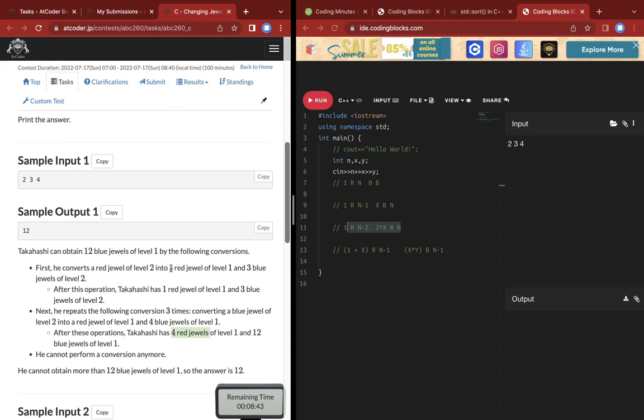He converted it into 1 red only. Okay, 3 times. So after doing 3 times, 3 more red jewels will be made, and so 3 into 4 would be 12 blue jewels. Okay.